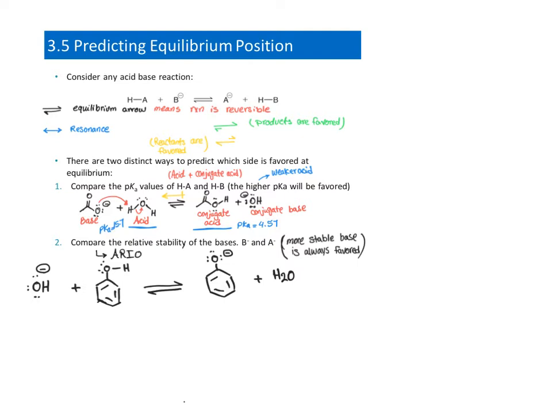So this is our base here, which attacks this hydrogen and pushes these electrons. So this is our base, and phenoxide is our conjugate base.